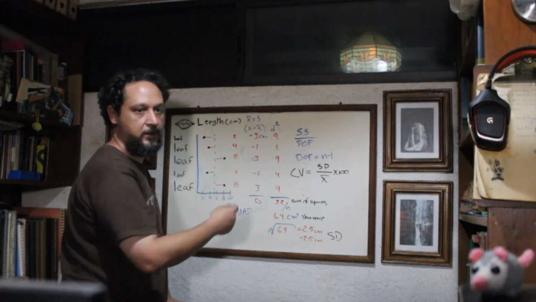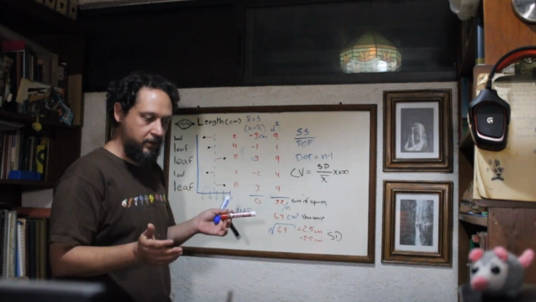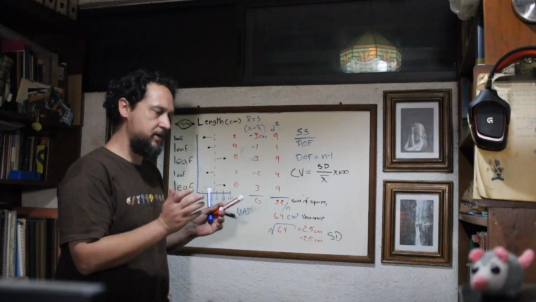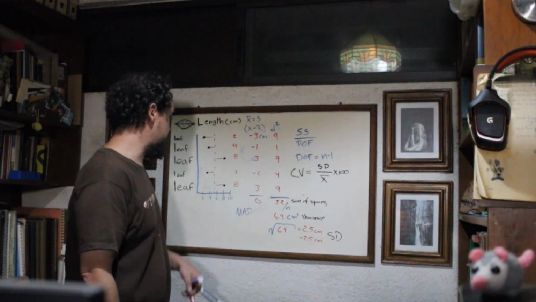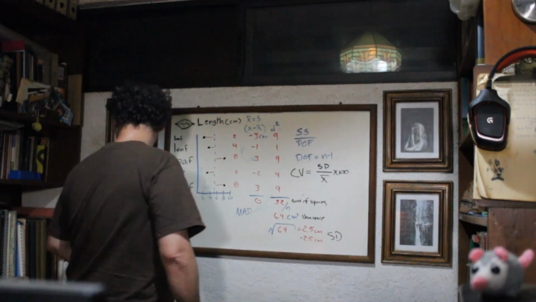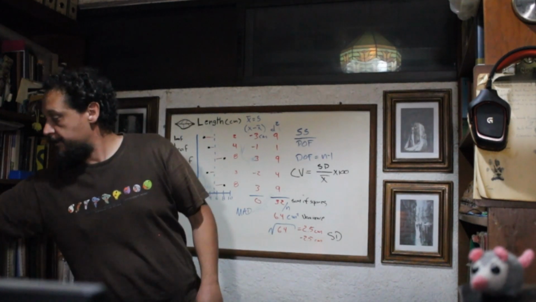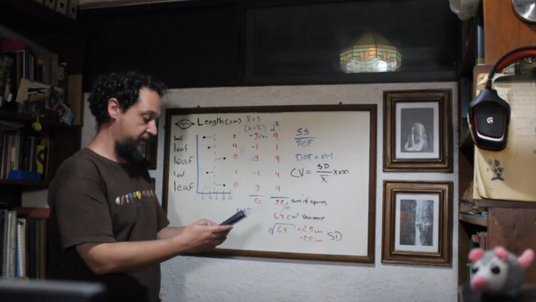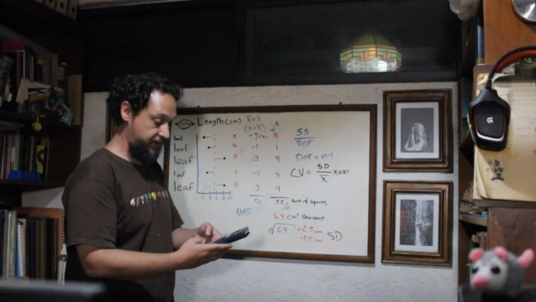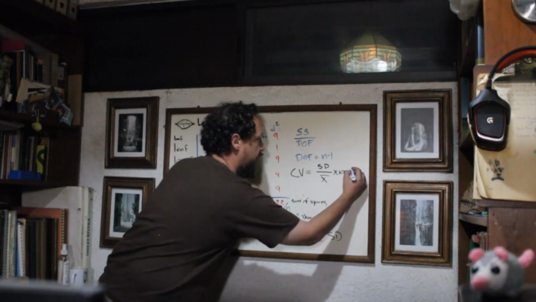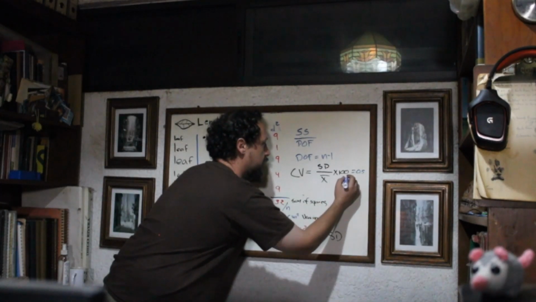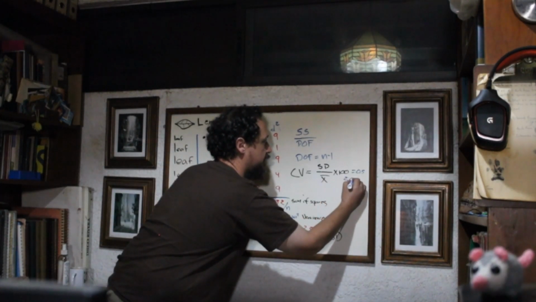So this just tells us the proportion of the variation in regards to the mean. So for example, in this case, we have a standard deviation of 2.5 over the mean, which is 5. We get 0.5. 0.5 times 100, it will be 50%.